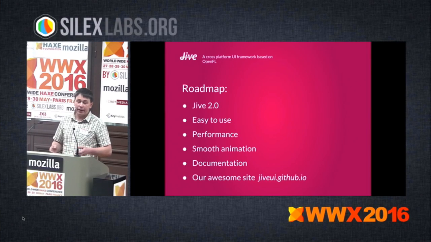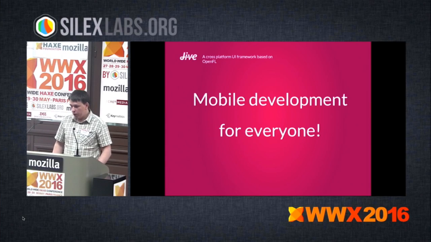Sometimes it's very hard because of lack of documentation, because sometimes things are too complicated, and we want to fix it. We want our library to be really easy to use, so that people even without special education can go and write their own application. So we want to make our library accessible to everyone. It's our main goal.